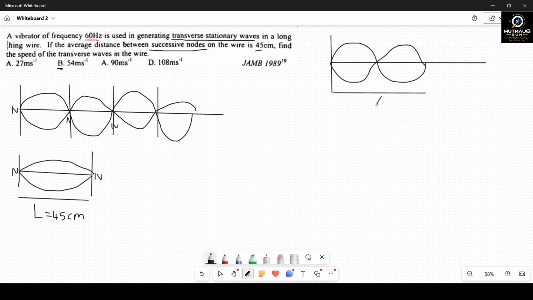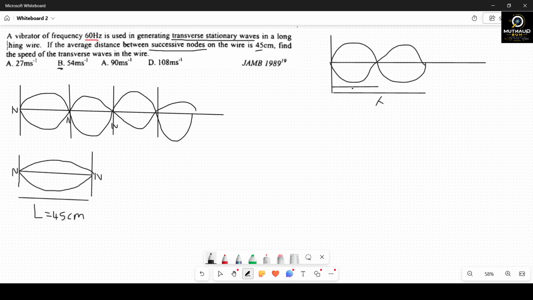That is when you complete a cycle. When it goes up and down, you have completed one cycle. Then half of it, from here to this place, will be 1/2 lambda. That is 1/2 of the wavelength.